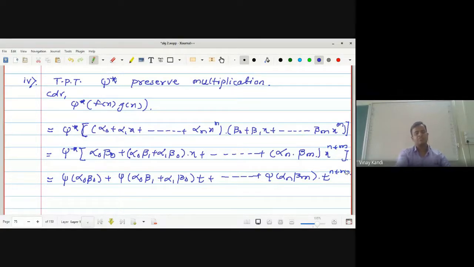But psi is an isomorphism. That means psi preserves the multiplication.